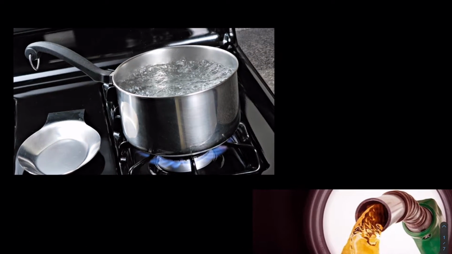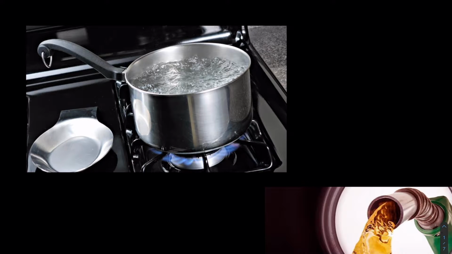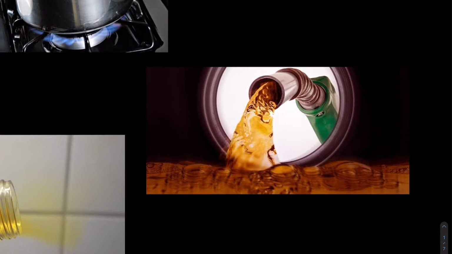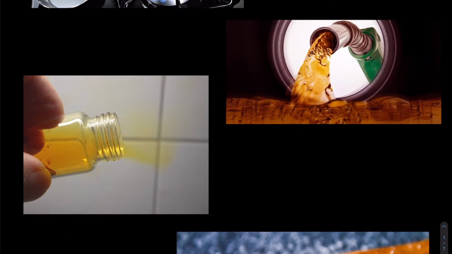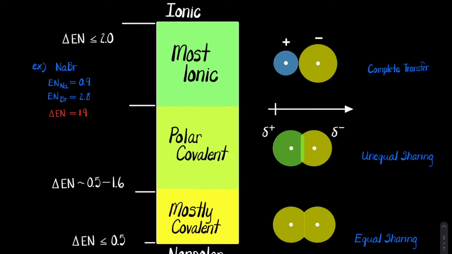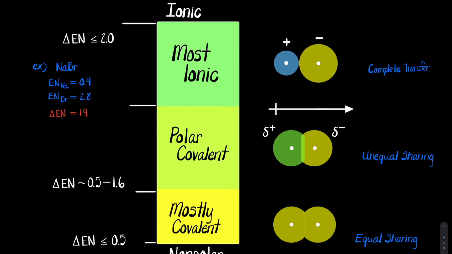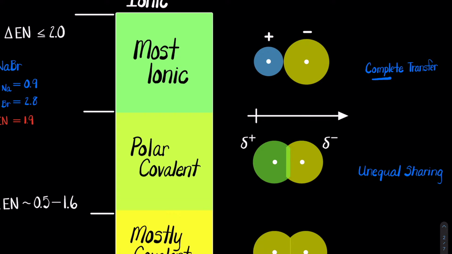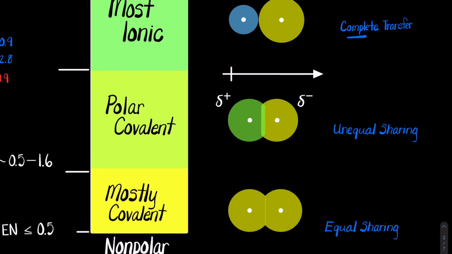So we see intermolecular forces in play across our daily lives, from boiling water to gasoline to even in the chemistry lab and salt. Now, bonding is something you went over in general chemistry, but I'm briefly going to discuss it. This chart is essential in your understanding of bonding in terms of electrons, whether they're completely transferred, as in the case of ionic bonds, or unequal sharing, polar covalent bonds, or equal sharing, which is the case of non-polar covalent bonds.